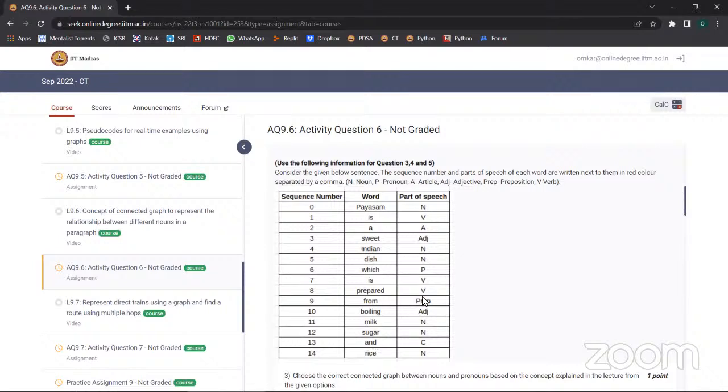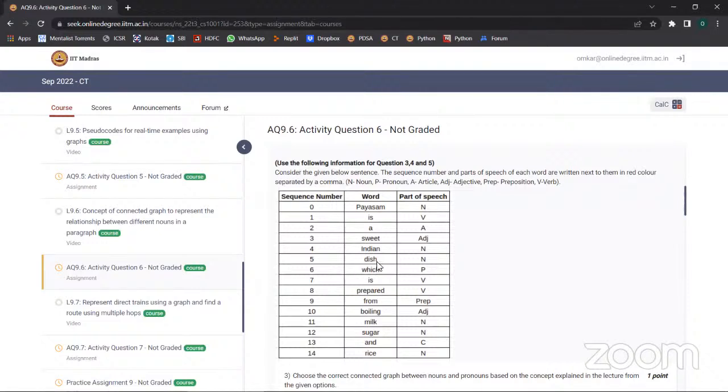What are the pronouns there? Which. So the pronoun which refers to which noun? Paisam, right? English-wise, your 6 refers to 0, right? Yes. And 0 is connected to 6. So 0 is supposed to be connected to 6.